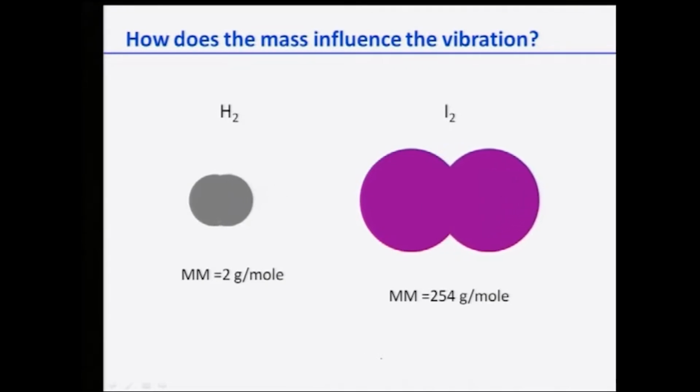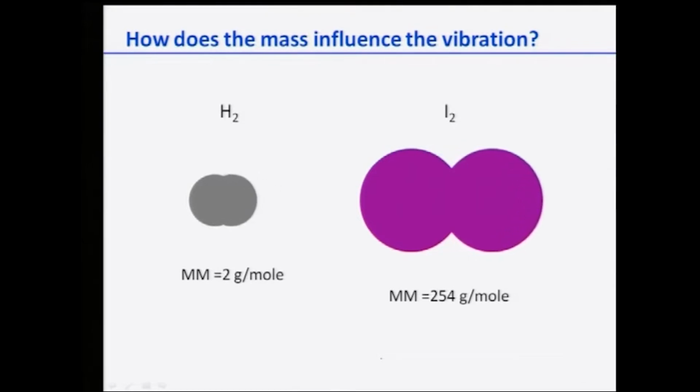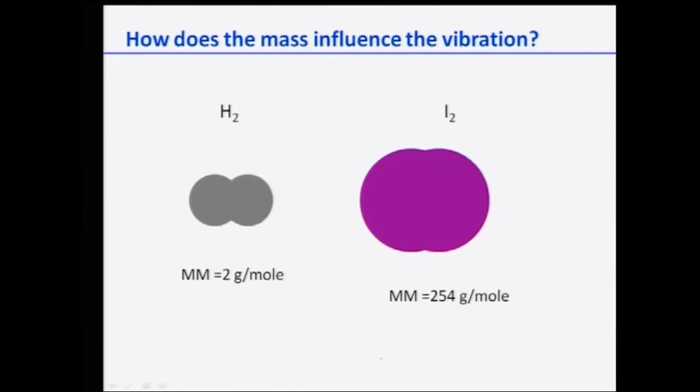Now I have not told you about one thing. This vibration and stretching is very fundamental to IR spectroscopy, and it gets influenced by the mass of the molecule. To give you some idea, suppose this is a hydrogen molecule and this is an iodine molecule.